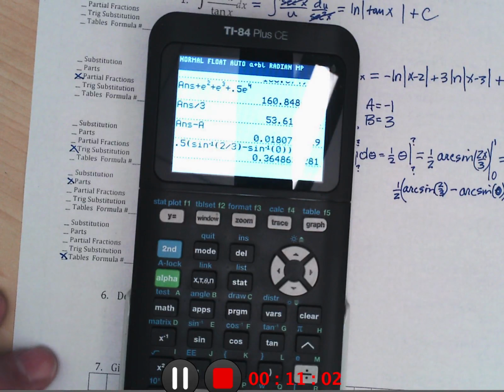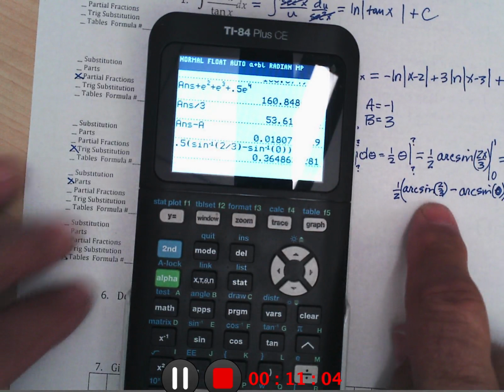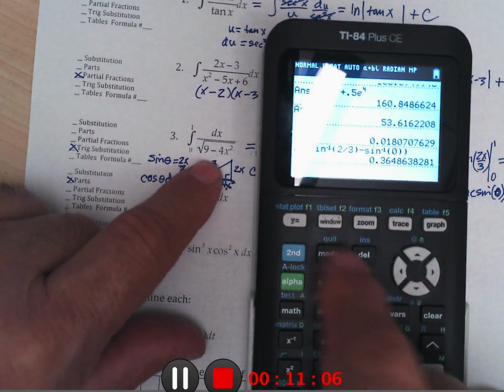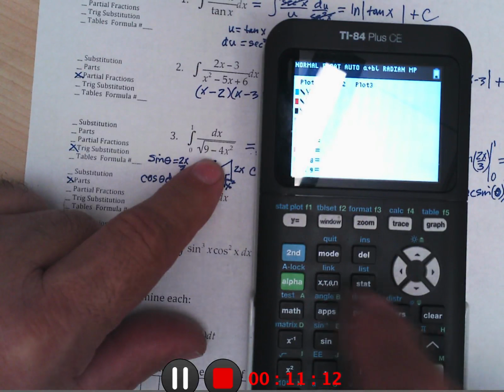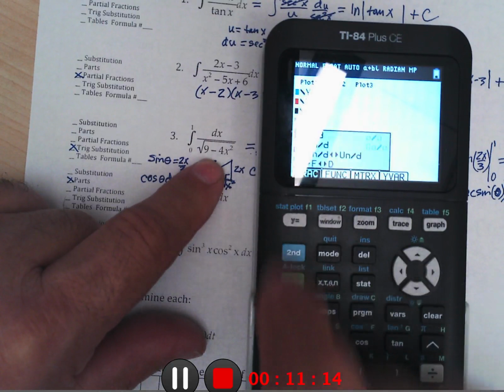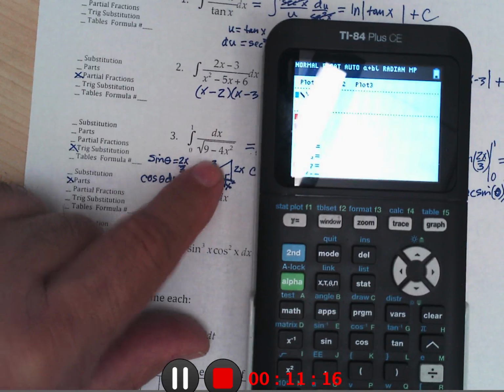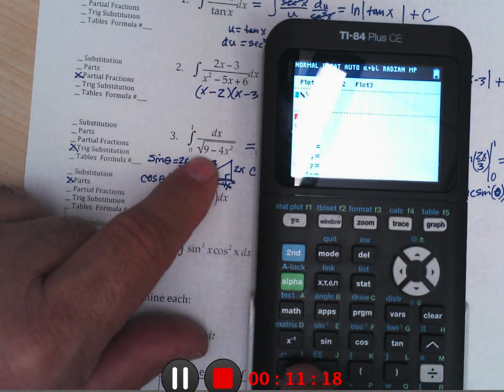Now let's just check it. Go to y equals, clear, and it's 1 divided by the square root of 9 minus 4x squared.